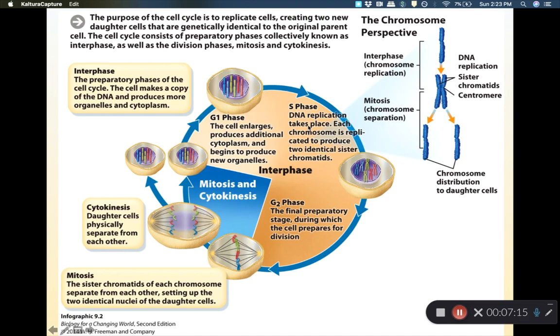The S phase, and what's most important in the S phase, is your sister chromatids are forming, and that's how I tend to remember S phase: S for sister chromatids. So we're having our original DNA, we're replicating that DNA so that we get these sister chromatids that are bound together by that centromere. And then lastly is the final preparatory stage, during which the cell is just getting everything lined up for actual cell division.